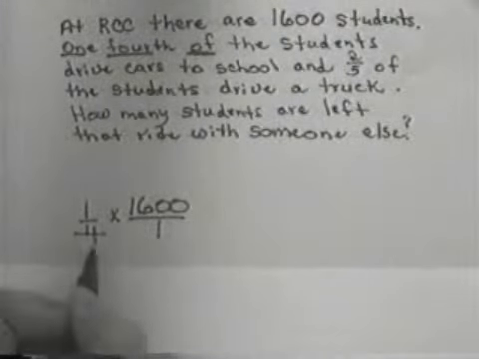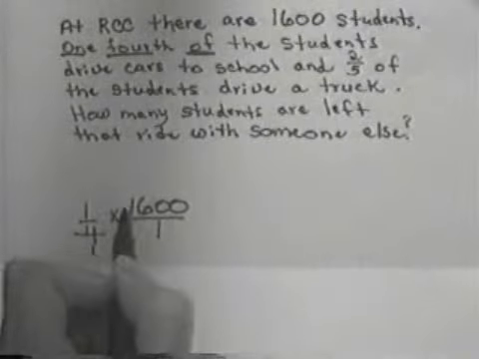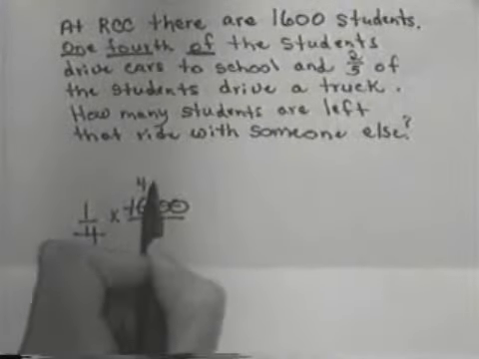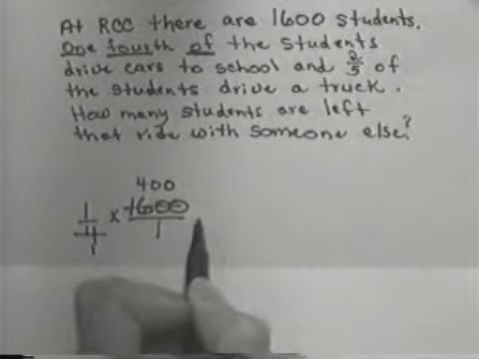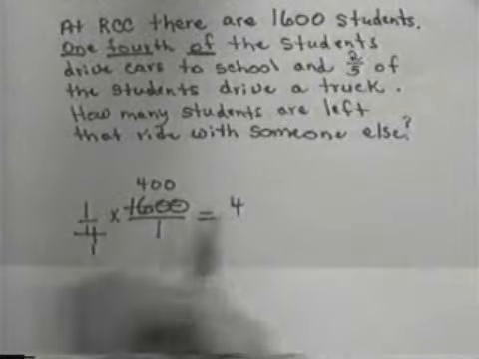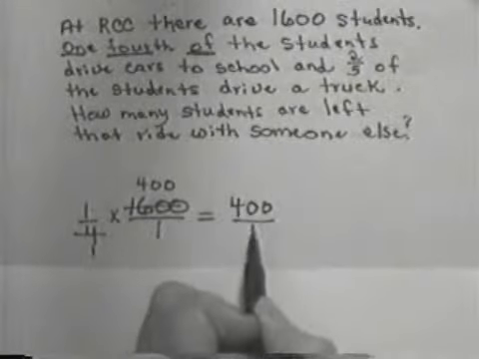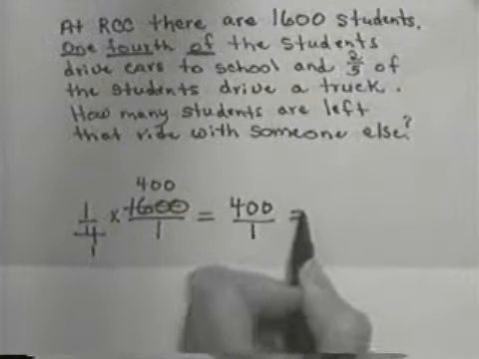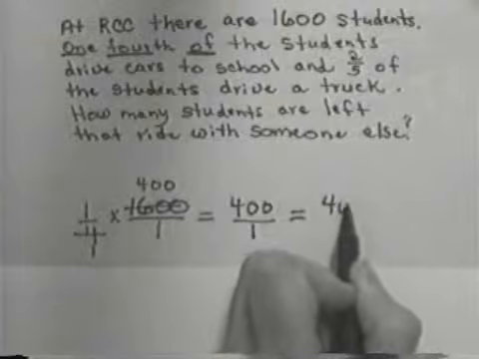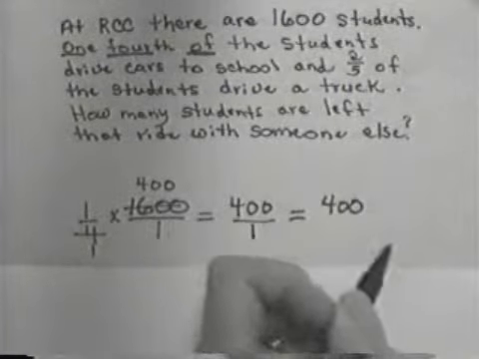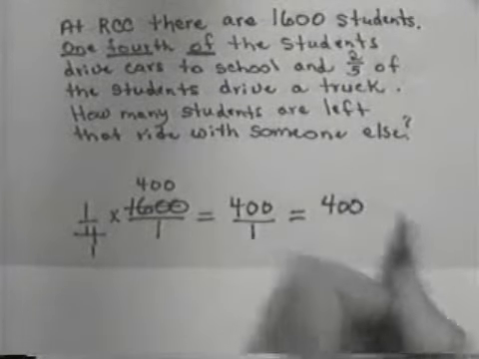We can reduce 4 into 4, 1. 4 into 1,600, 400. So we end up with 1 times 400 is 400. 1 times 1 is 1. So 400 over 1 is just 400. So 400 students drive cars.